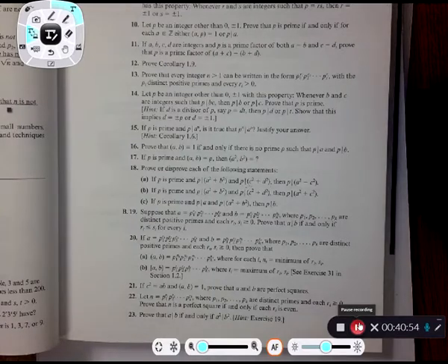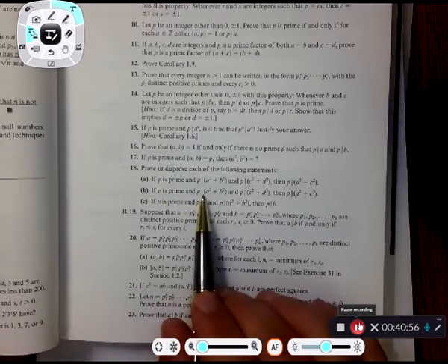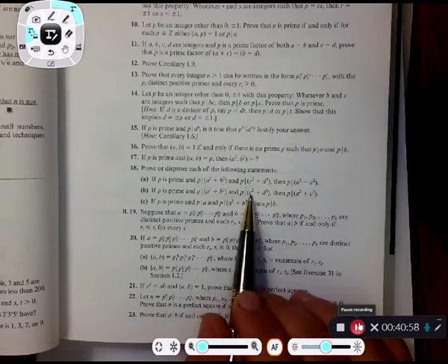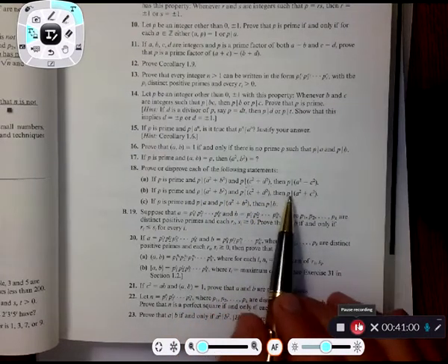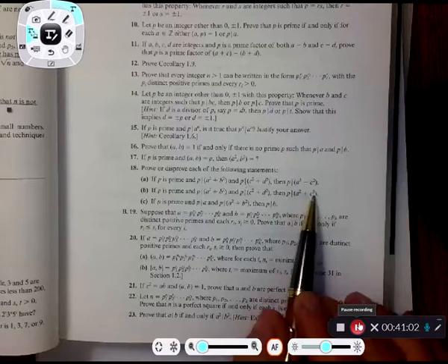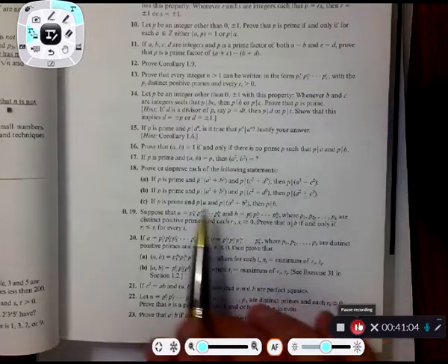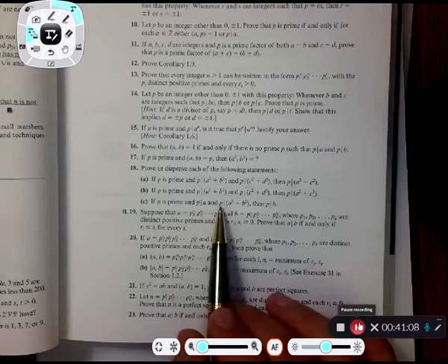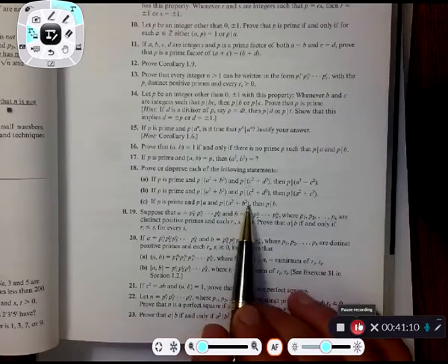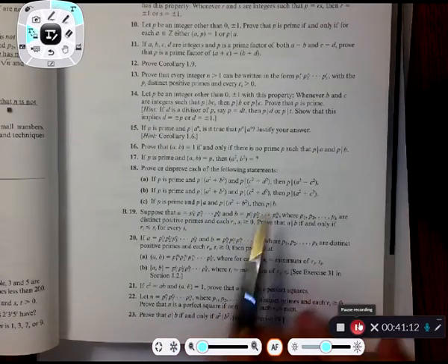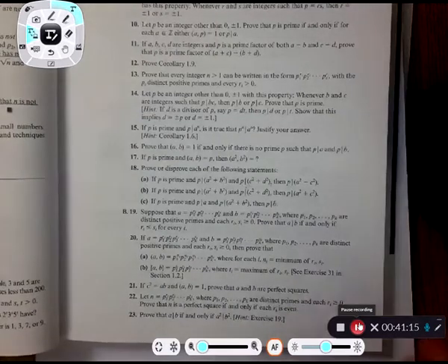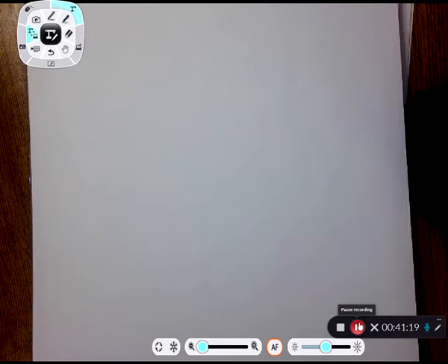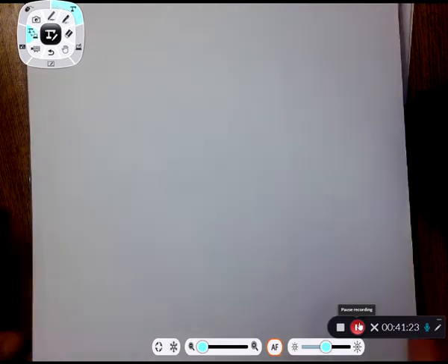And B, if P is prime and P divides A squared plus B squared, and P divides C squared plus D squared, is it true that P divides A squared plus C squared? And C, if P is prime and P divides A and B, and P divides A squared plus B squared, then does P divide B? So it's kind of a three-part problem, but the question is whether it's true or false. And how do you prove something is false?